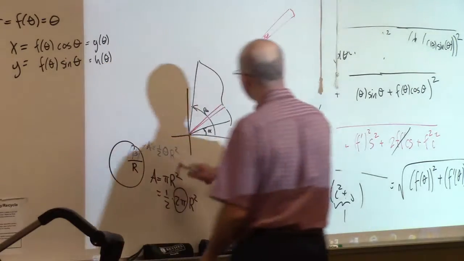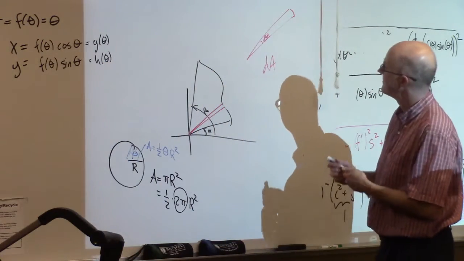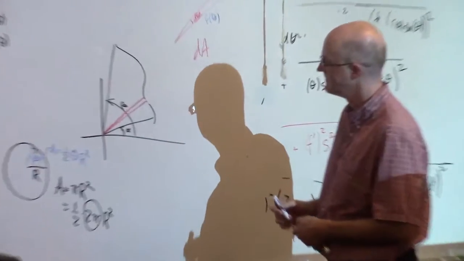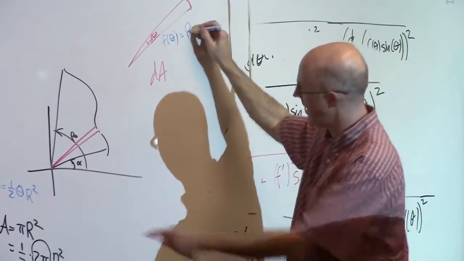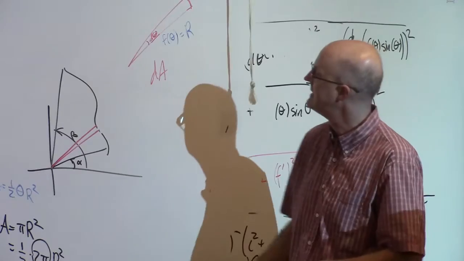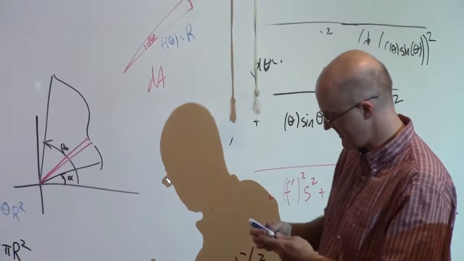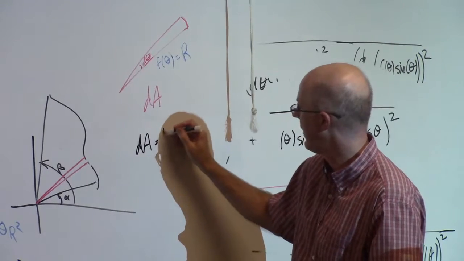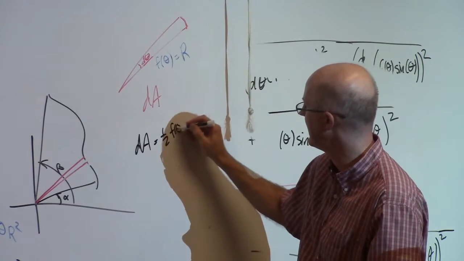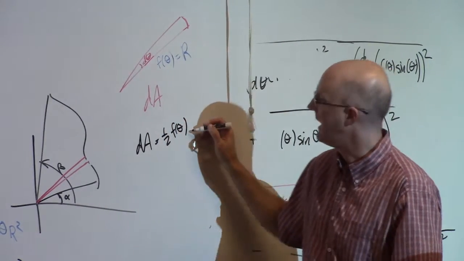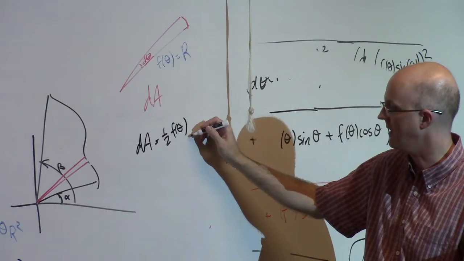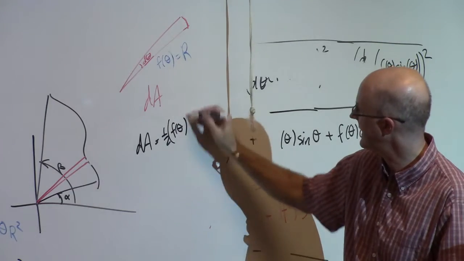And if you apply this formula now, with this distance being f of theta, which is really the same as capital R in that formula, dA should then be 1/2 f of theta squared d theta.